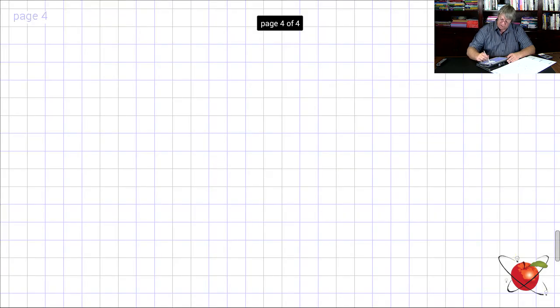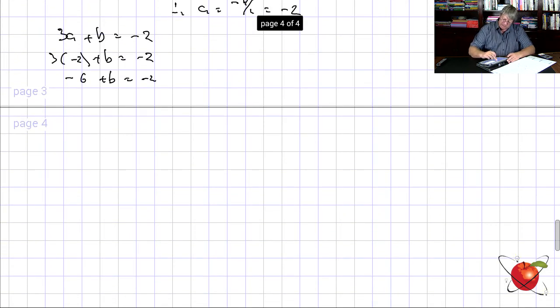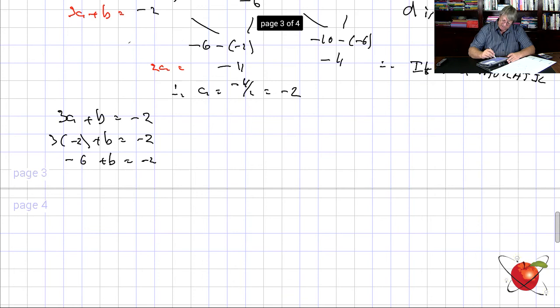Therefore I can say b is going to be equal to 6 minus 2, which is going to be 4.